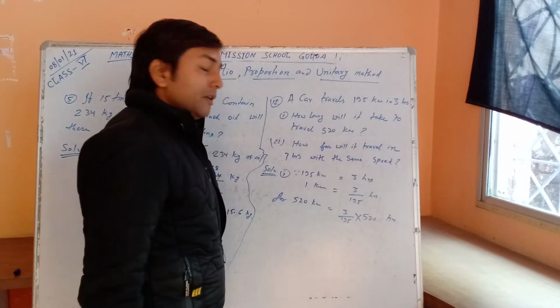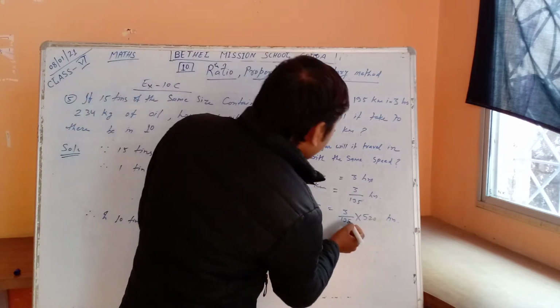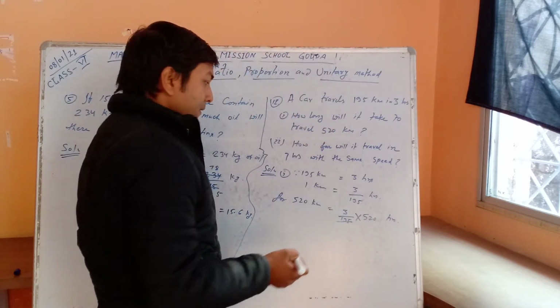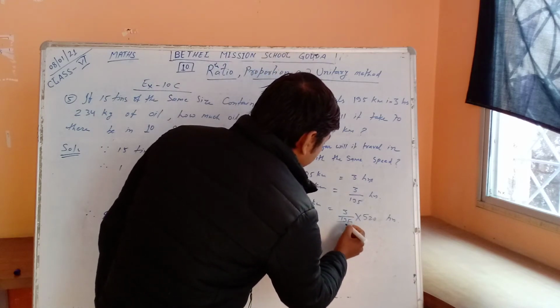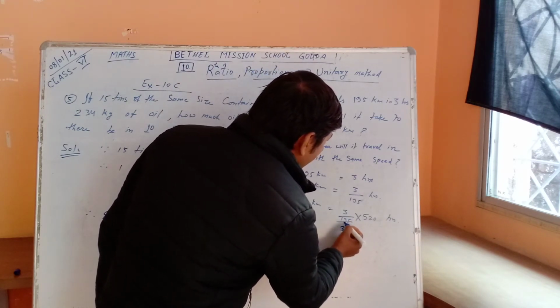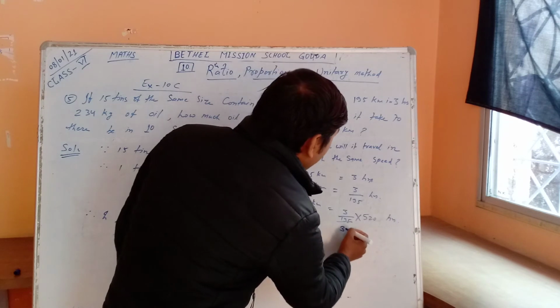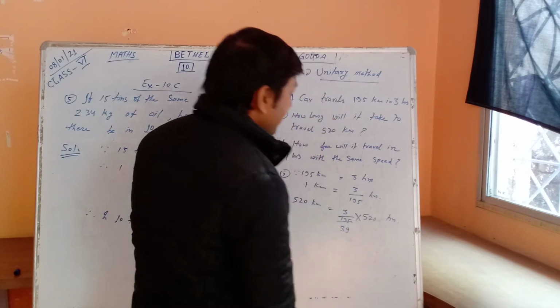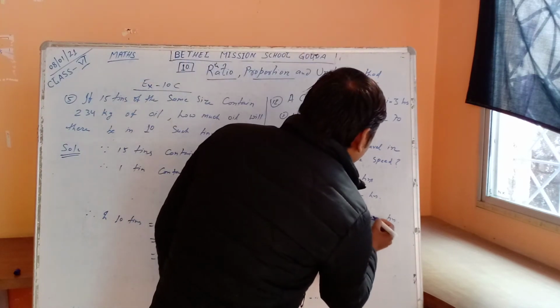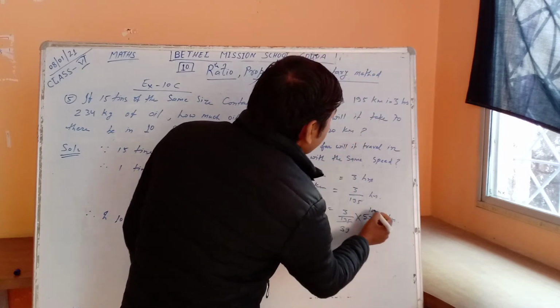Both can be divided by 5: 195 divided by 5 is 39, and 520 divided by 5 is 104.